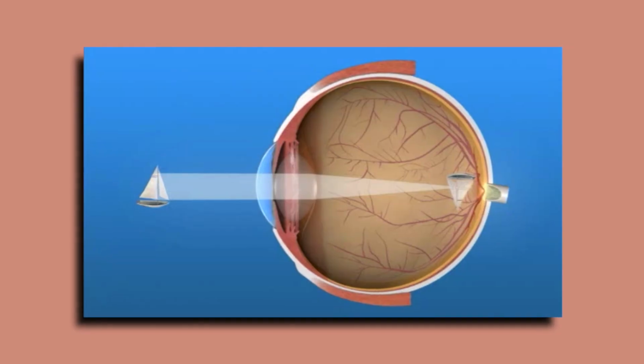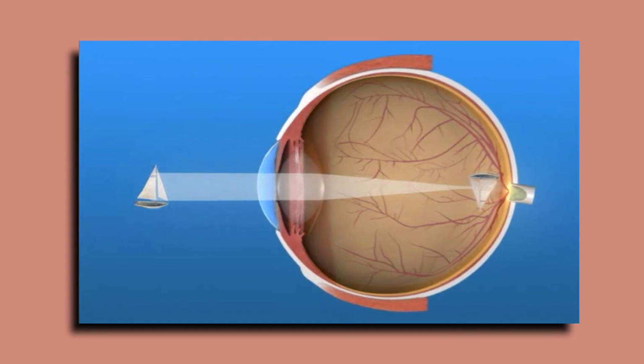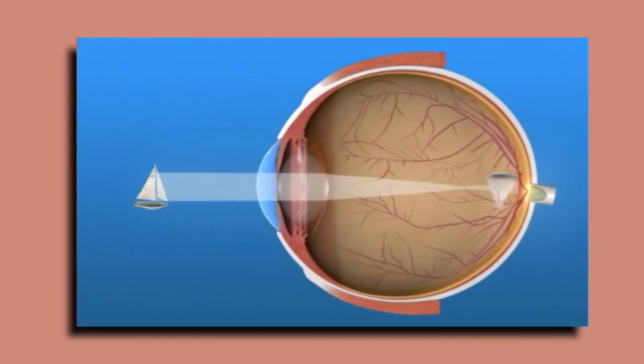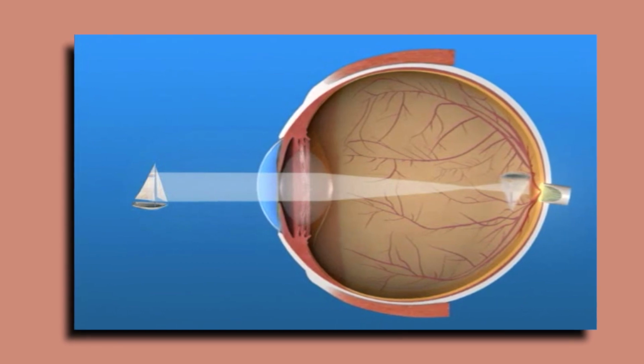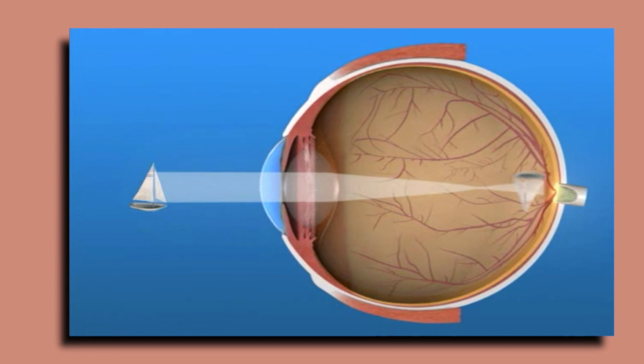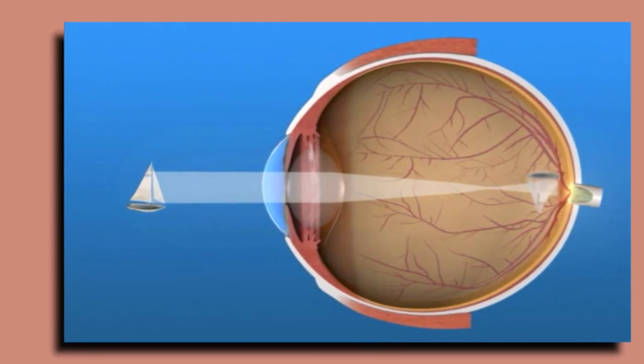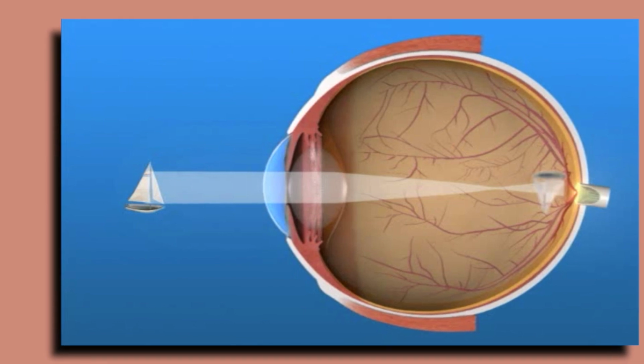Therefore, the image becomes blurred. What does the person with long sight do? He keeps the picture far away, and the image comes further in. This is called long sight or hyperopia or hypermetropia.